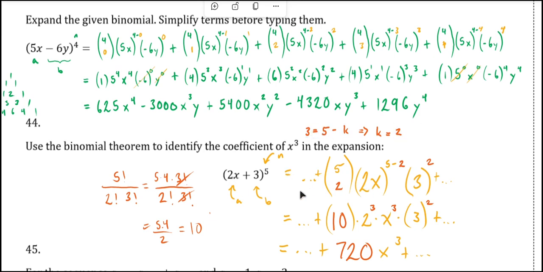So the expansion would have a bunch of other terms we're not interested in, and also 5 choose 2 times (2x) to the 5 minus 2 times 3 to the 2. If we just evaluate all that, we're taking 3rd powers of 2 and of x. 5 choose 2 is 10, and 3 squared is 9. So we multiply all these together. 8 times 9 is 72, times 10 is 720, and that's our coefficient of x cubed.